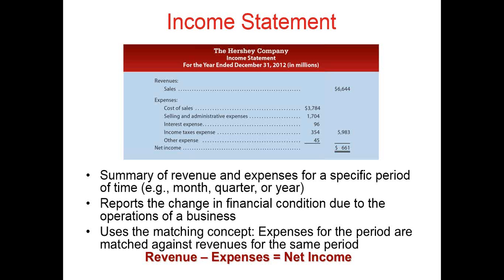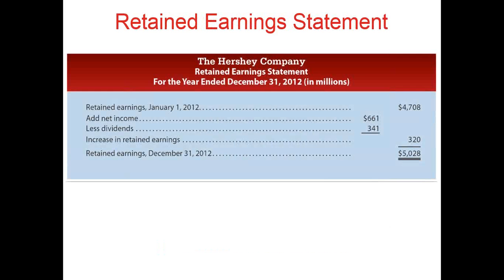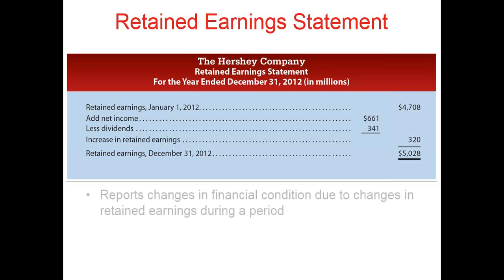So we're bringing that amount to our statement of retained earnings. We then subtract any dividends. We have our net of those two numbers, and we find our retained earnings for the ending of the period.